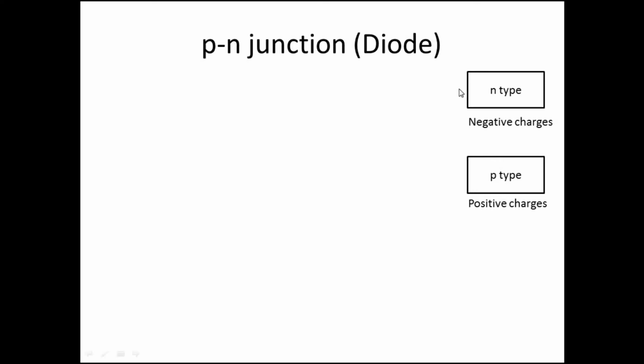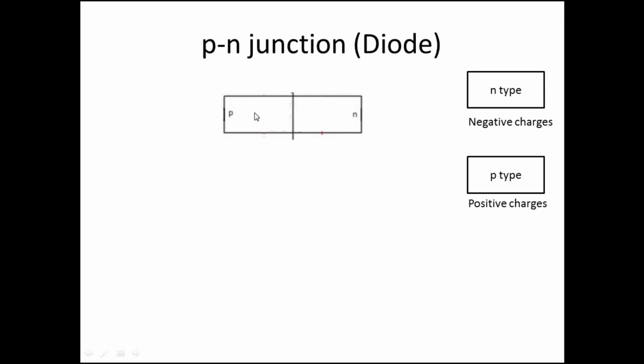We know that in N-type there are a number of negative charges, and in P-type there are a number of positive charges. In order to form the diode, we are combining these two. We are forming a PN junction. Since there are positive charges here and negative charges here, diffusion will take place.